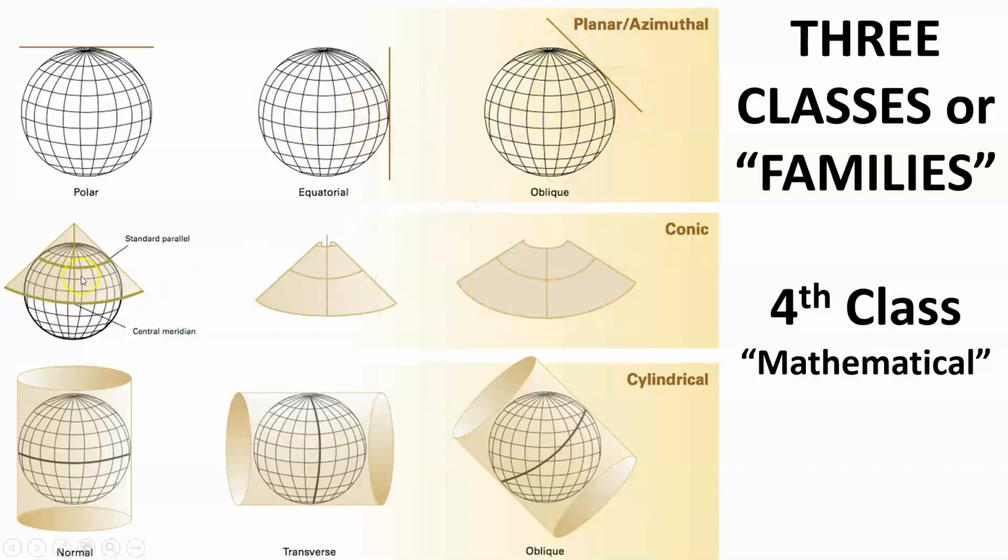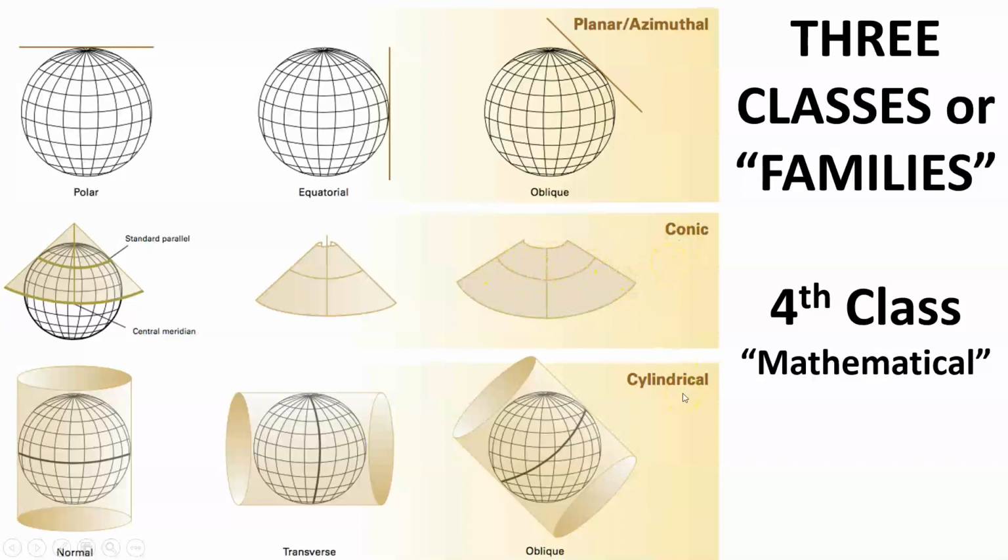We also have the conic projection, like the Albers equal area that I talked about. This is a conic projection with a central meridian and a standard parallel, projected from the center of the globe. This gives us the shape that is very common to the Albers.